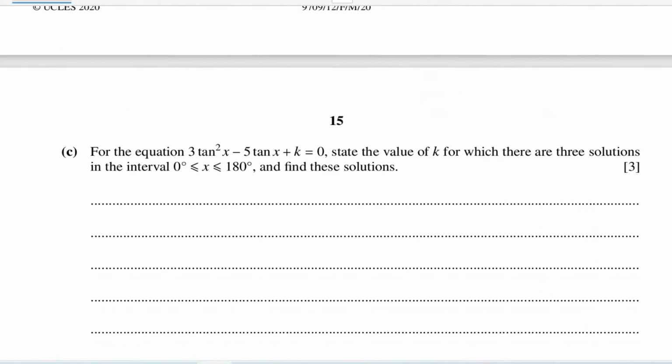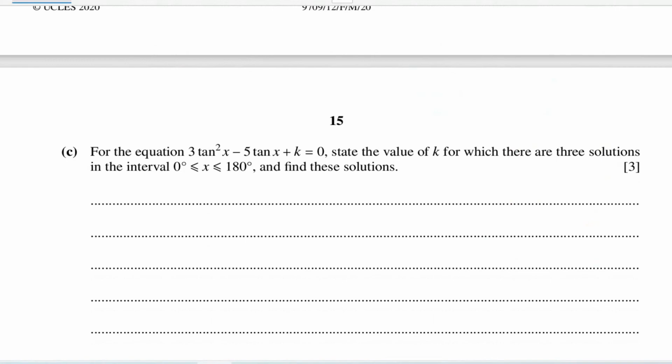Next part of the question is for the equation 3 tan square x minus 5 tan x plus k equal to 0, state the value of k for which there are 3 solutions in the interval 0 to 180 degree and find these solutions. So quadratic equation is given in tan x and we need to find 3 solutions.